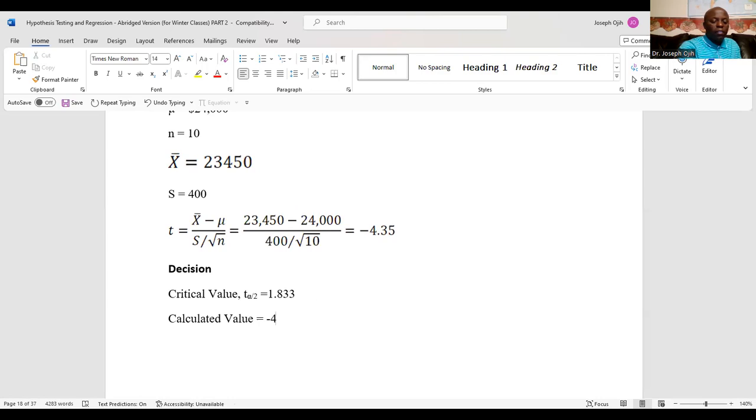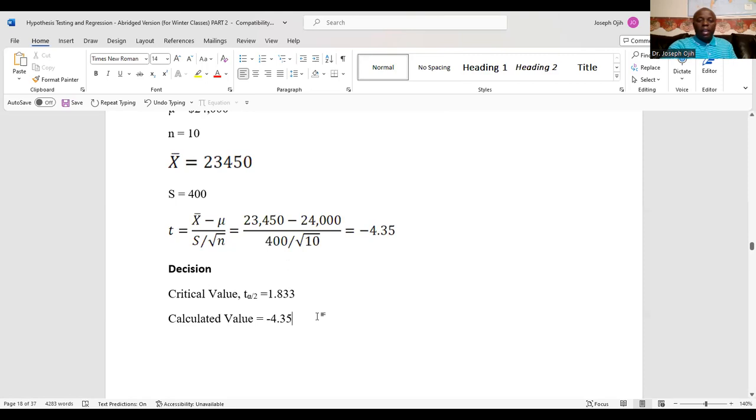Remember, we are using the absolute value of this. The negative sign is just to tell you that it's on the left side. Negative doesn't mean that it's less than; it just tells you the direction.